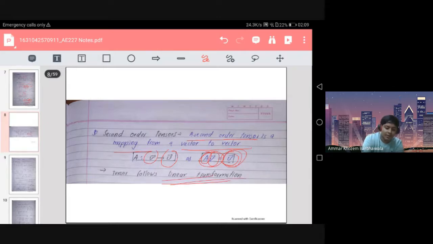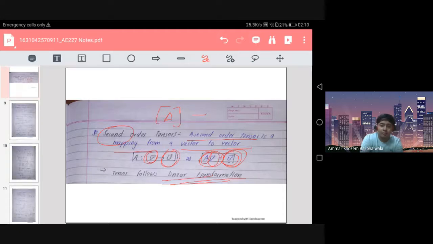A second order tensor is basically a matrix which transforms a vector to another vector. These are all the basic mathematical preliminaries that we needed for this course. In the next video, we can check the other mathematical preliminaries, and then move on to defining chain and other functions.